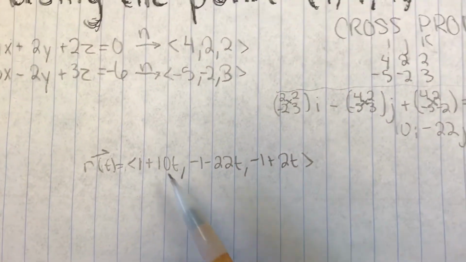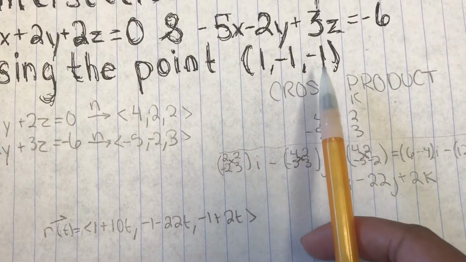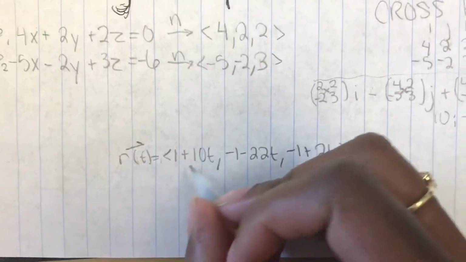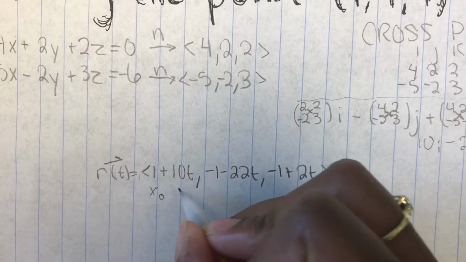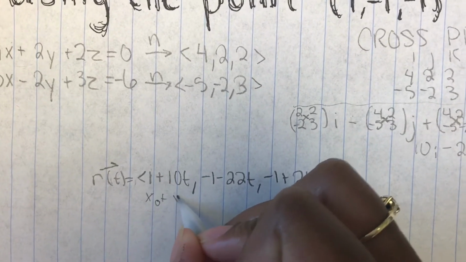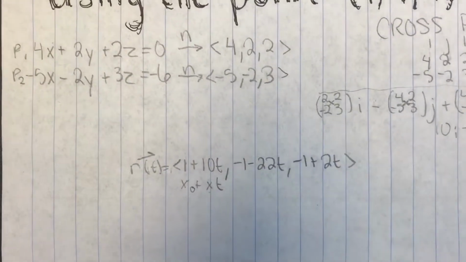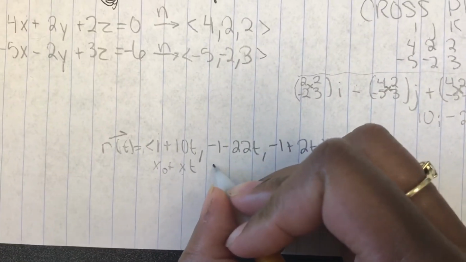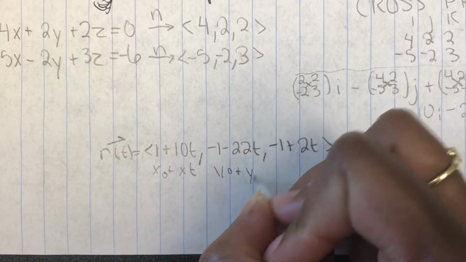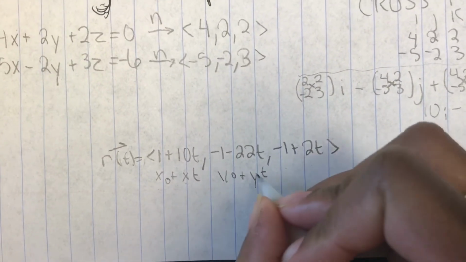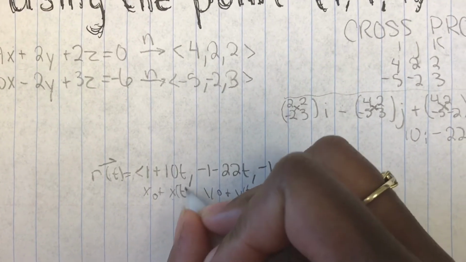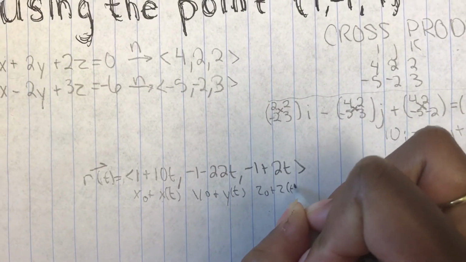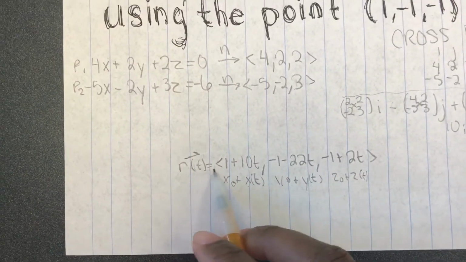So when we plug this in, using our point (1, -1, -1), for a line, you know that a line is x naught plus the vector component times t. Same with y: y naught plus the y component times t, and then z naught plus the z component times t. So x(t), y(t), z(t) are all in respect to t and this vector.